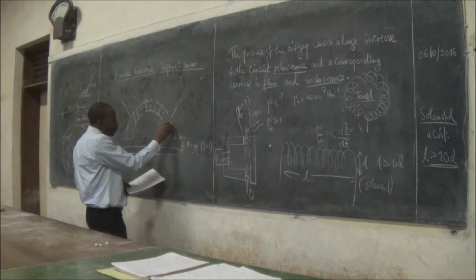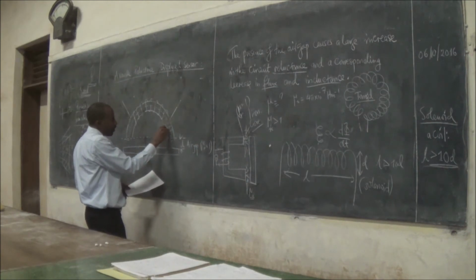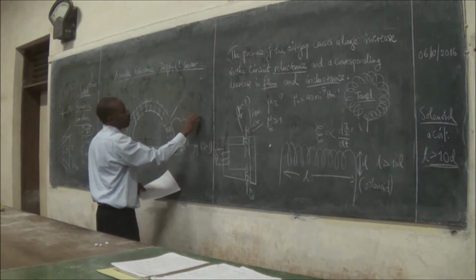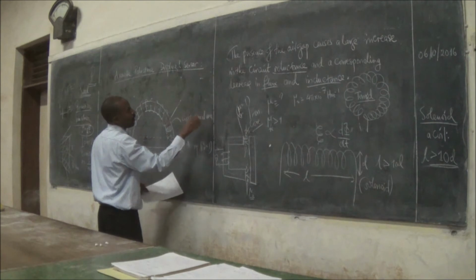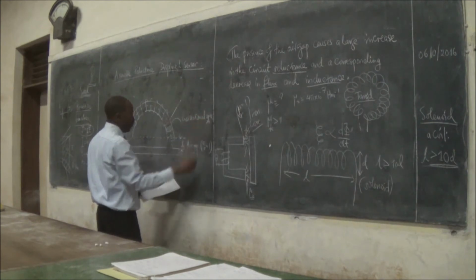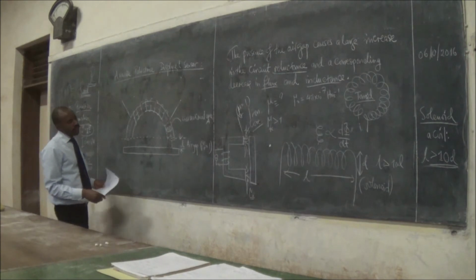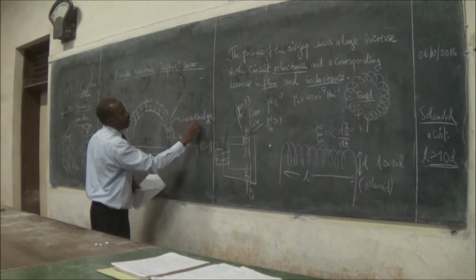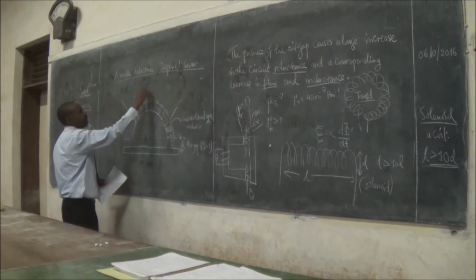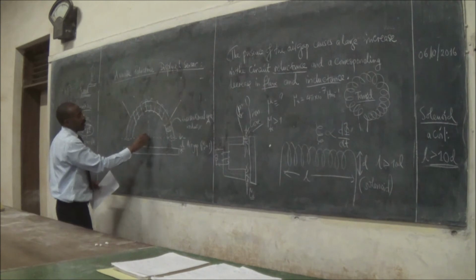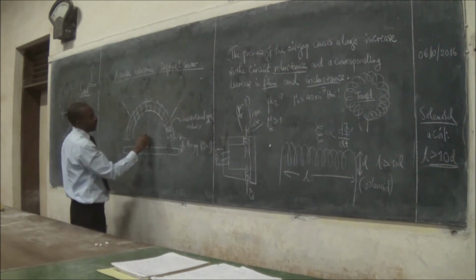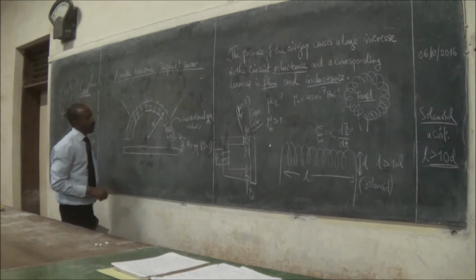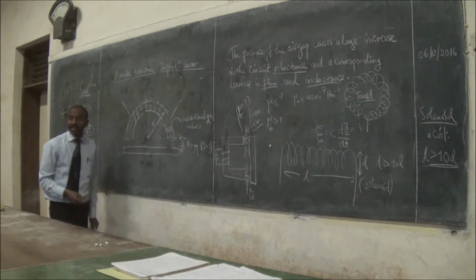And then if we took this to have a cross-sectional area and radius small r, and if we took this to be the center of our semi-toroid and take this to be the radius capital R, not the reluctance but the radius.